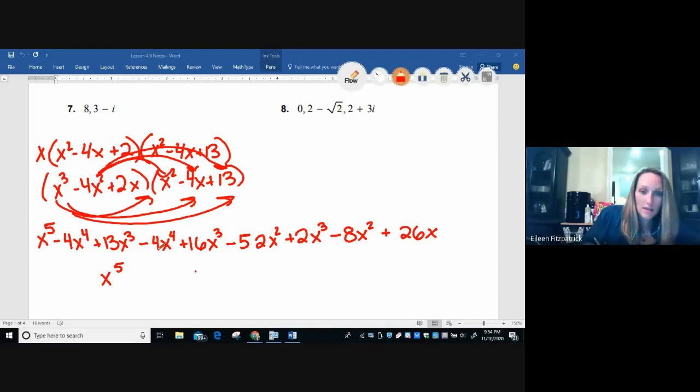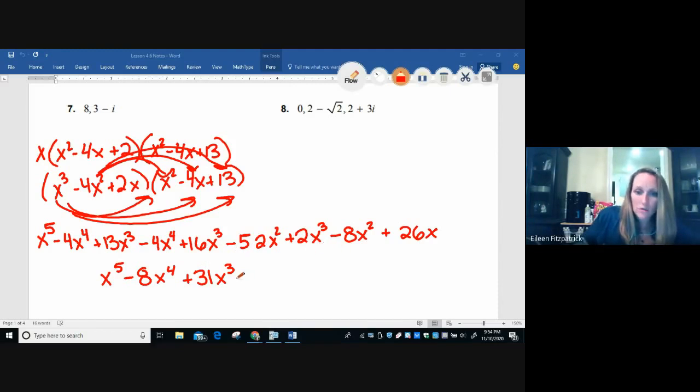5th. There are 2x to the 4th terms, so it's -8x to the 4th. Then 13x to the 3rd and 16, that's going to be 29, and then 29 plus another 2, 31x to the 3rd. And then I'm going to go to my x squareds, -52 and -8.